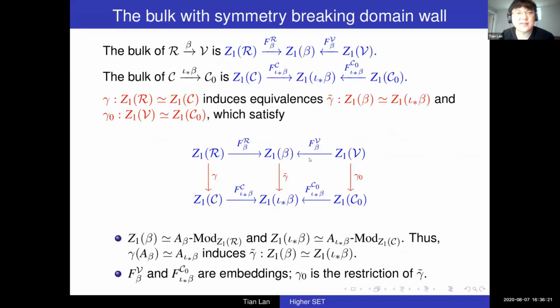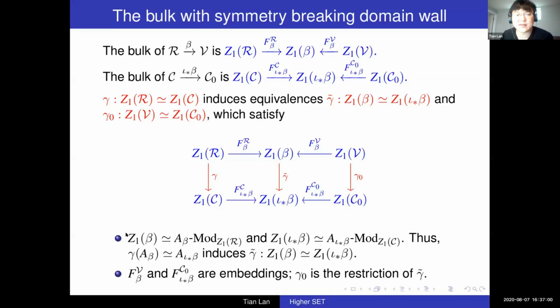And by saying that our gamma equivalence preserves the whole bulk, it just means we have, in addition to gamma, a monoidal equivalence between the Z1 beta and Z1 of the beta pushed out, also between the trivial center of the V and C0 of the symmetry broken bulk. And they commute with these central functors.